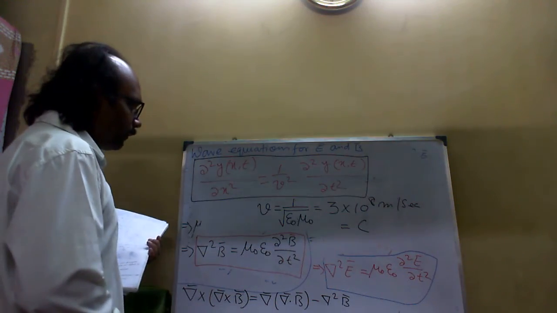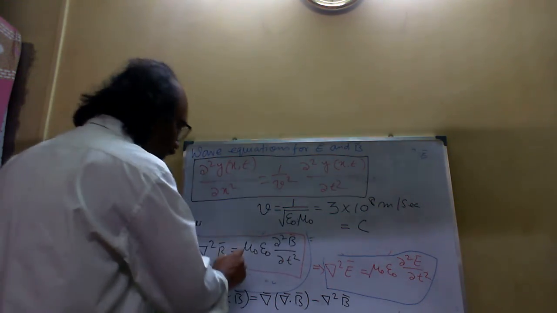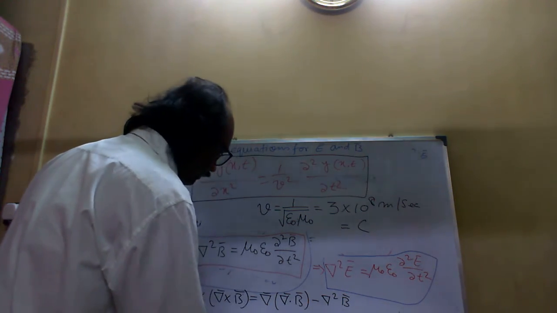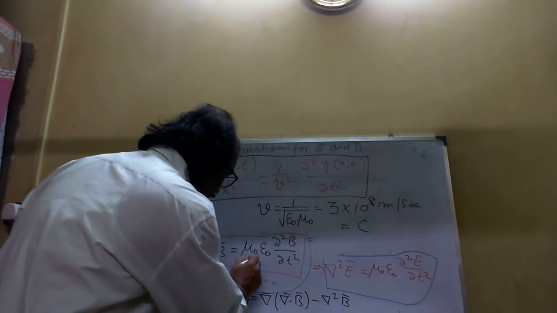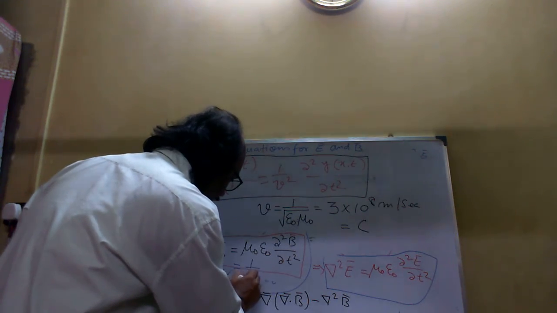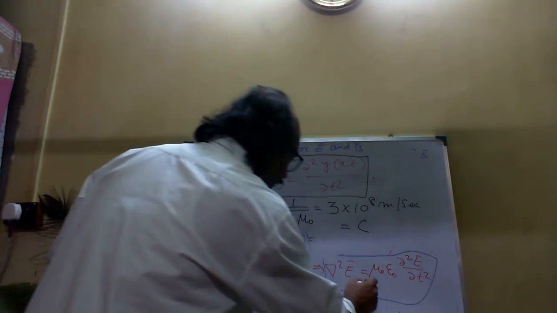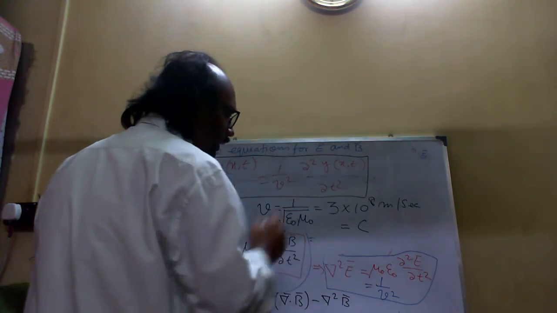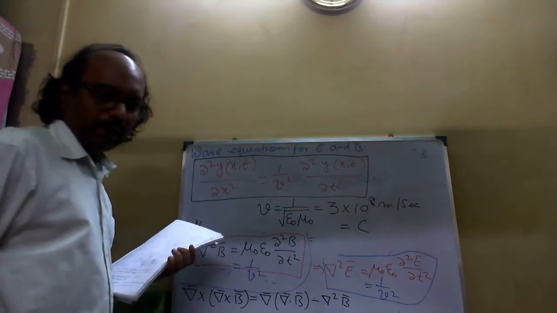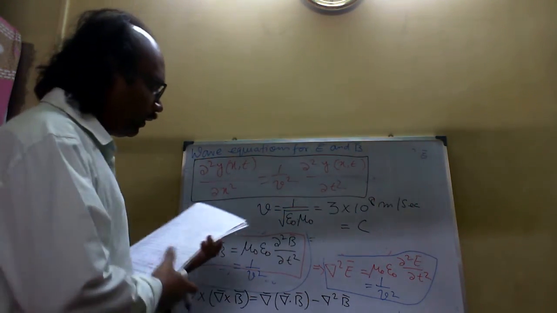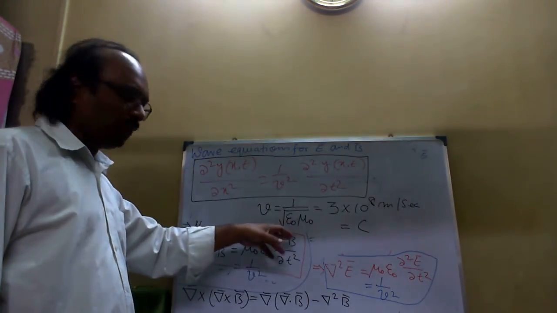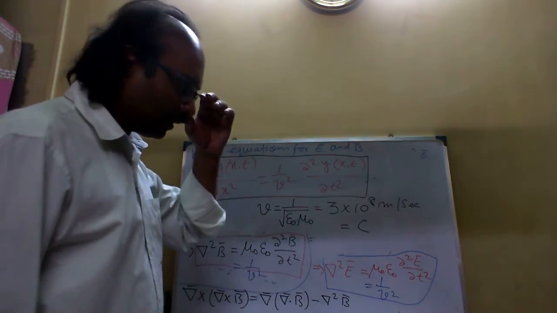So that means epsilon naught mu naught is 1 by v square, and this v is nothing but the velocity of light c, which is 3 into 10 to the power 8 meter per second after substituting the values of epsilon naught and mu naught in free space.